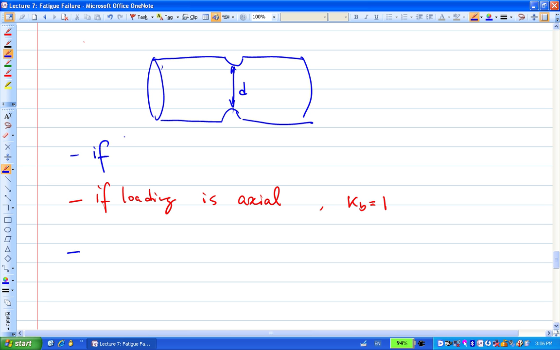If the part is not subjected to a loading, so maybe if it's a stationary shaft, but under completely reversed torsion or torque, so basically the torque goes back and forth, completely reversed.